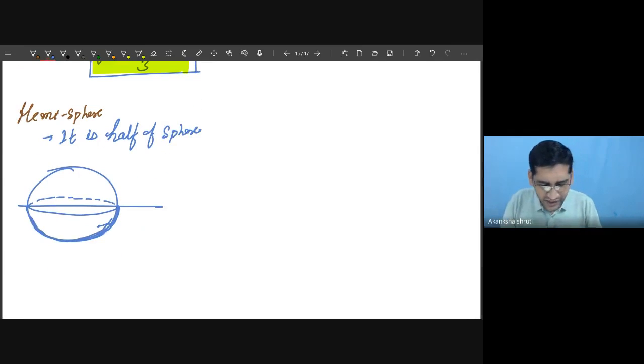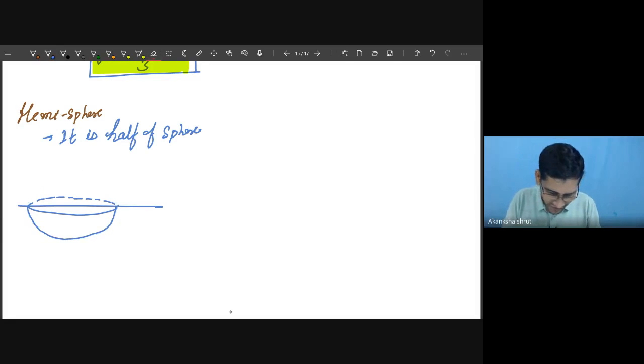So we need to take only the lower half or one half. Either the lower or the upper can be taken. Let me take this lower half. So the upper half can be removed from here. Are you getting it? So how does it become? It becomes like this. So it is the hemisphere.